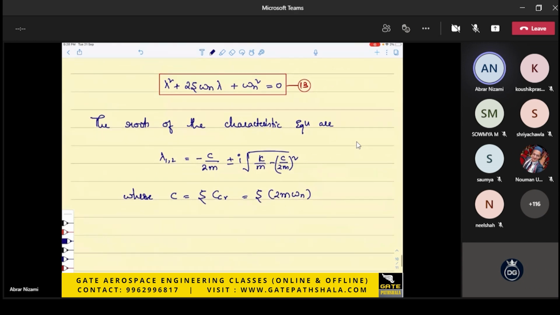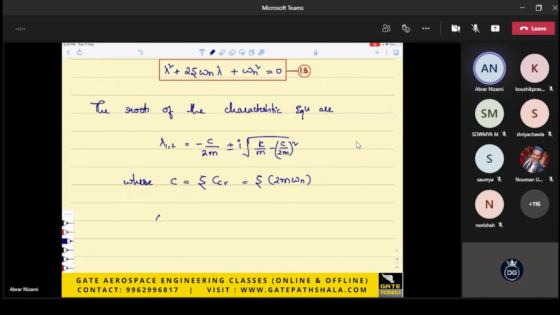In place of c you can write that, and you get lambda 1, 2 equals minus xi into 2m omega n divided by 2m plus or minus i root of k by m, which can be written as omega n square. Agree?